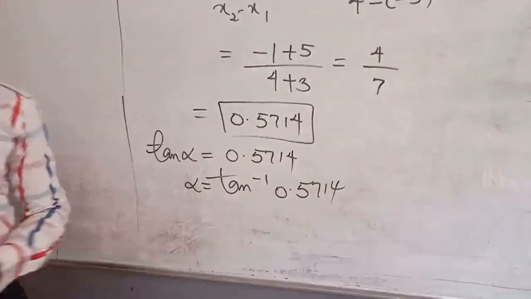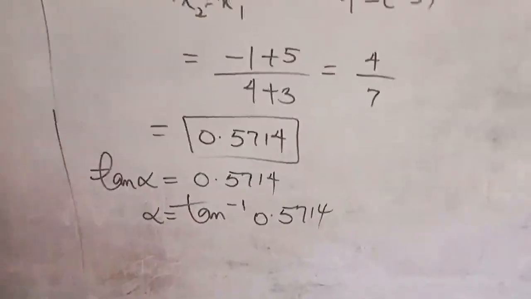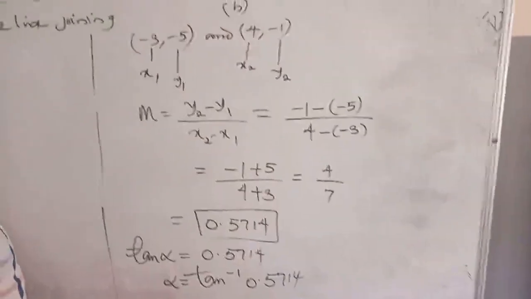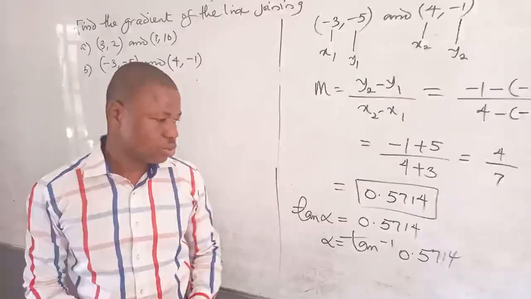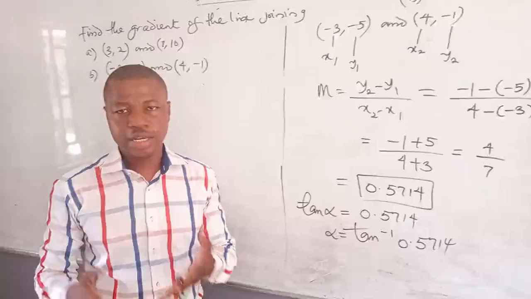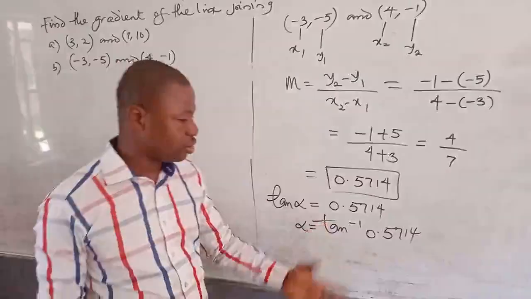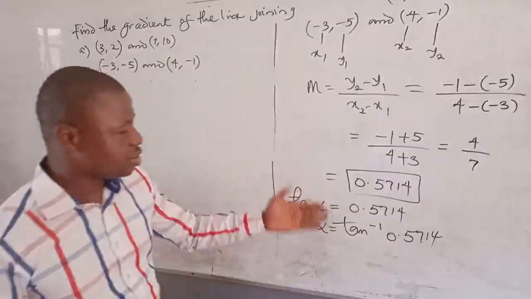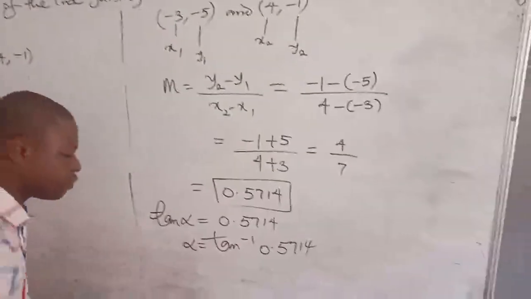So for those of us that don't know how to calculate this on our calculator, you can simply press shift tan. For other calculators, you can use second function then tan. But most of the calculators we now have, you see shift tan 0.5714 will give you 29.74.